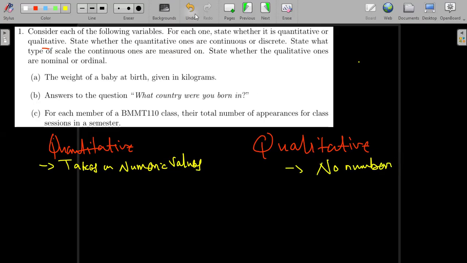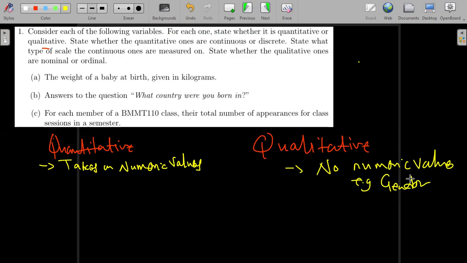A good example of a qualitative variable is gender. You are either male or you are female. There's no numeric value that is required to describe if you are female or male.